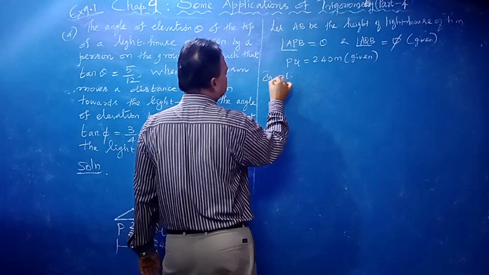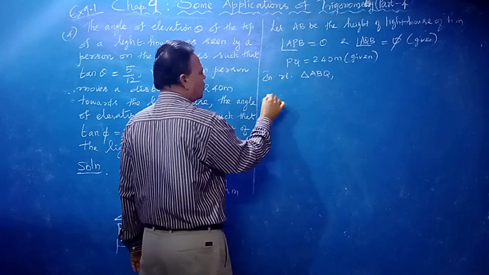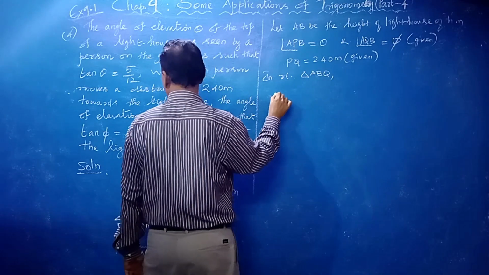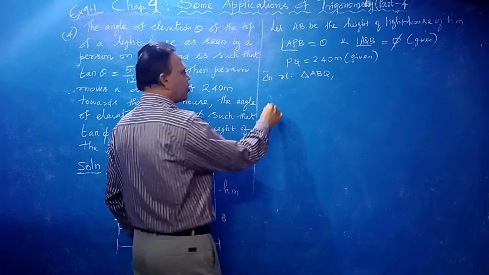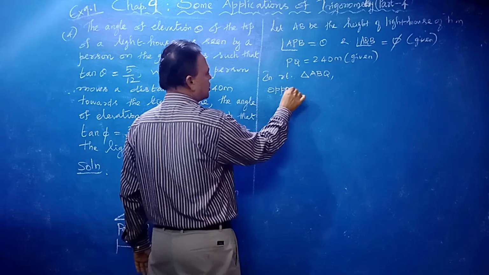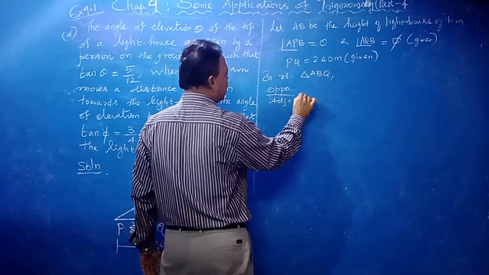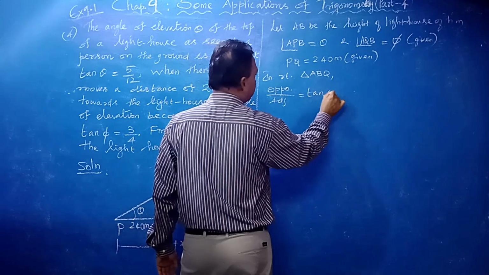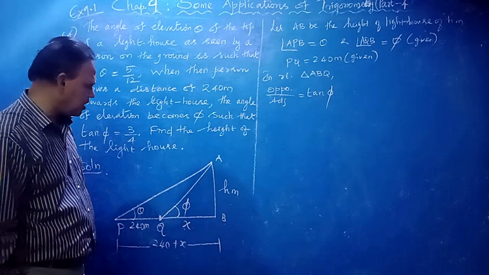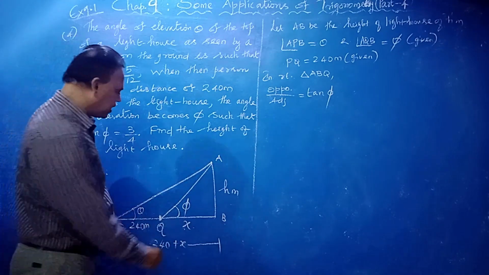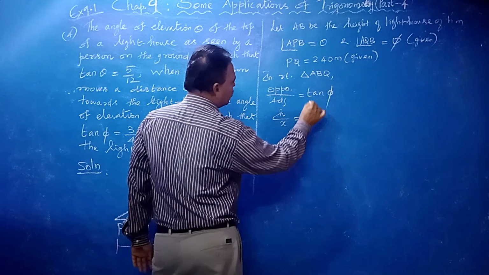Here in this triangle, opposite side by edge is tan phi. So h by x is equal to what is given?